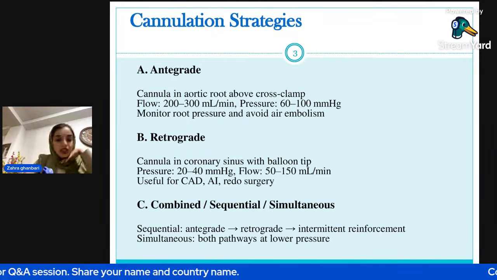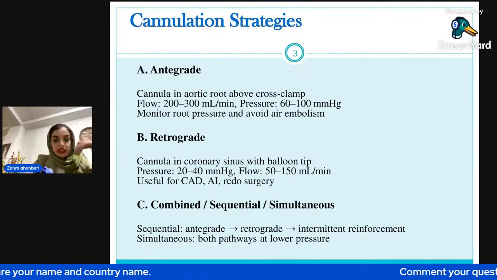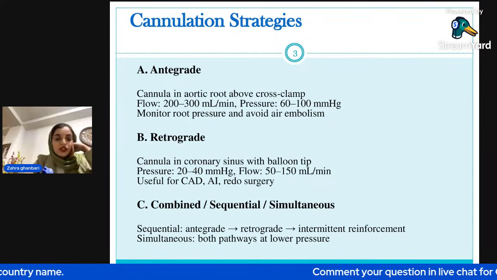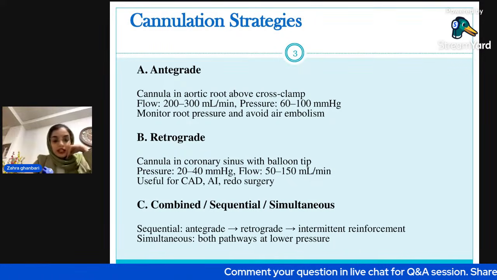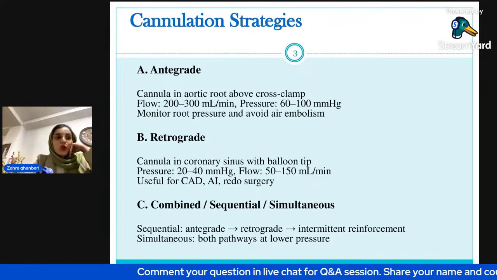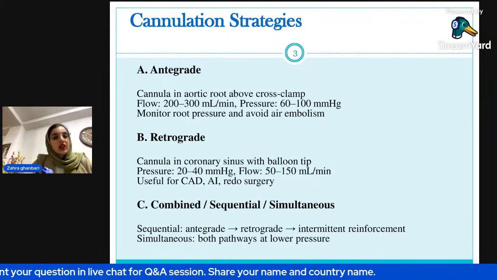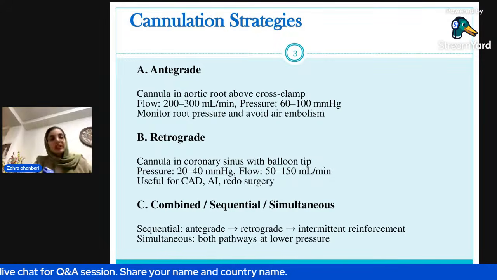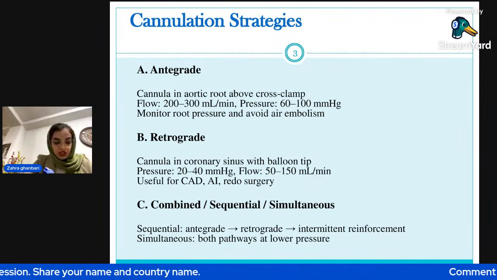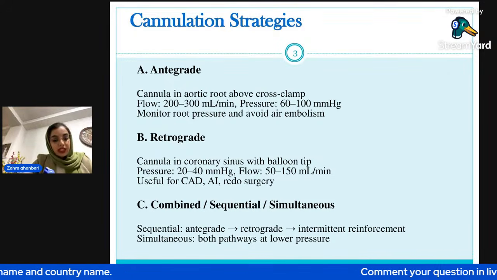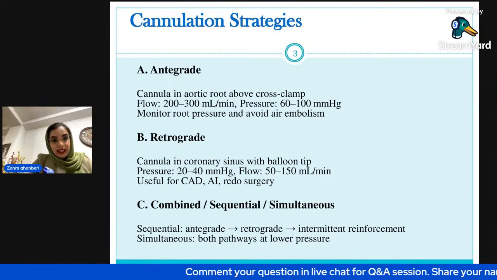The advantage of retrograde is uniform perfusion of the subendocardial region in patients with coronary disease. The disadvantage is poor distribution in the right heart region, and retrograde needs a balloon-tip cannula to prevent leakage.